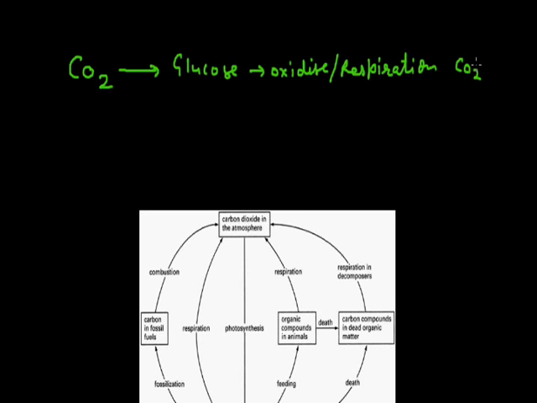So CO2 is converted in various living beings through various processes. This conversion of carbon is called the carbon cycle. So today we discuss the carbon cycle. So this is the carbon cycle.